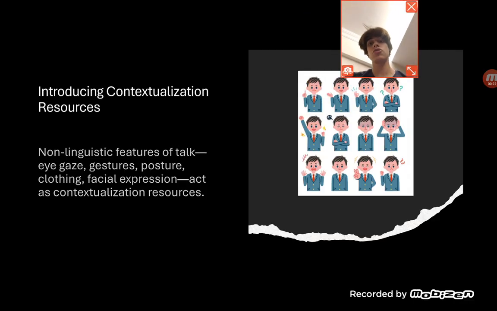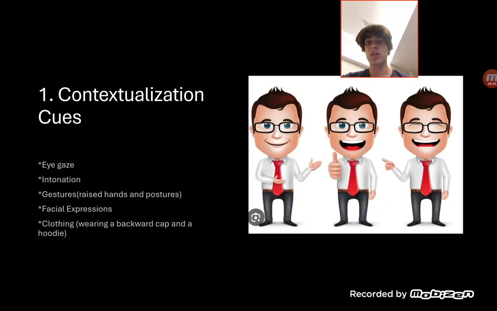Introducing contextualization resources. Non-linguistic features of talk, eye gaze, gestures, posture, clothing, and facial expression act as contextualization resources. Contextualization cues shape how meaning is conveyed, how identities are perceived, and how interaction unfolds in classrooms.